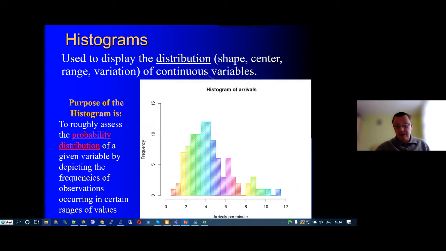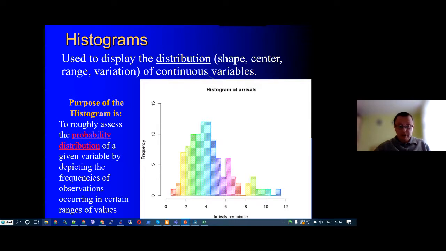This time the x-axis has been split into intervals, in this case half minutes, and provides the frequency of how many patients arrive within this given time interval at the emergency department.